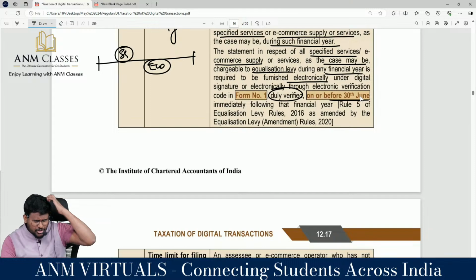That means due date 31st July. One month before that, by 30th June, you have to furnish the statement.